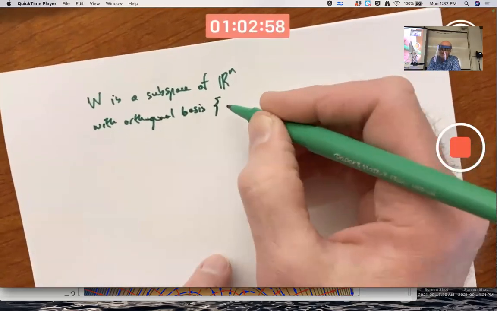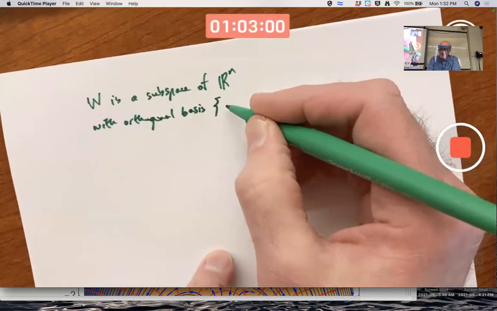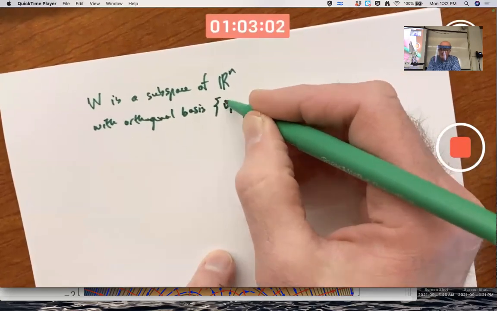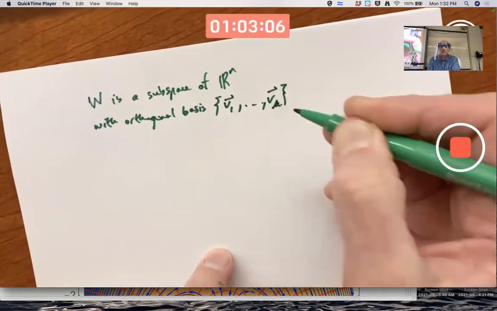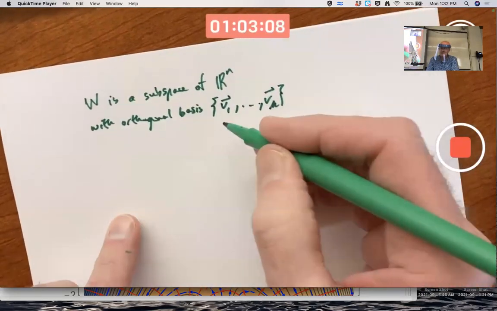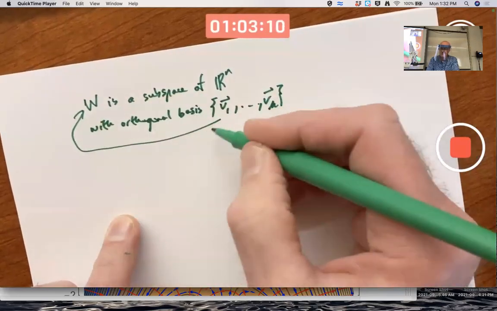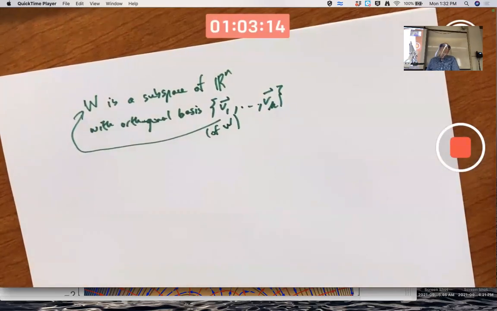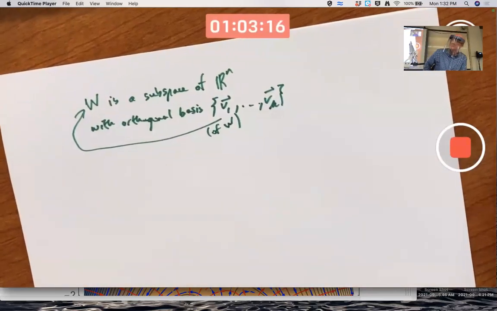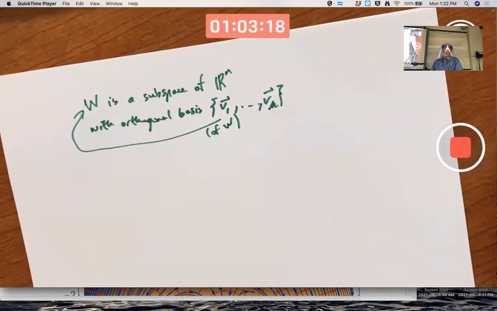Call it V1 through VK, say. So this is supposed to be an orthogonal basis of W. W is supposed to be a k-dimensional subspace of Rn.